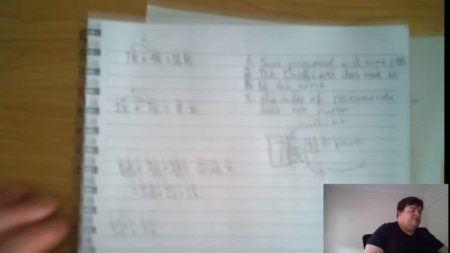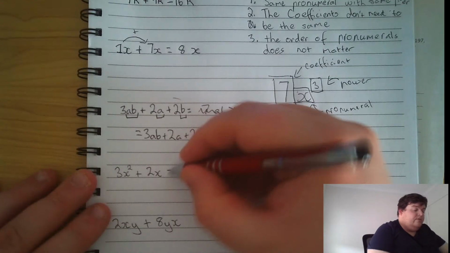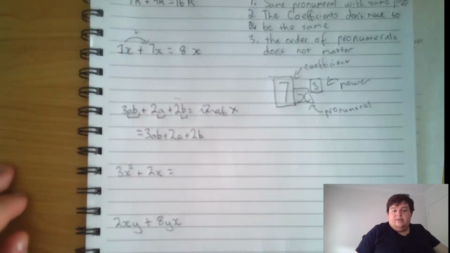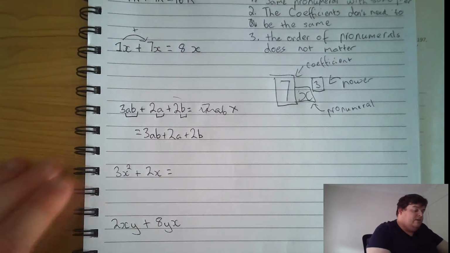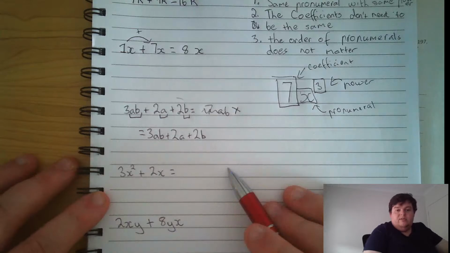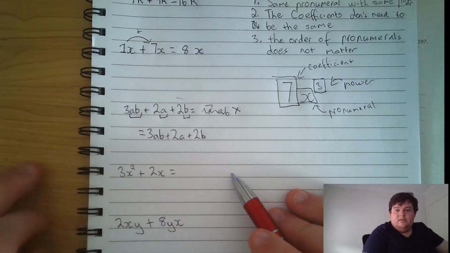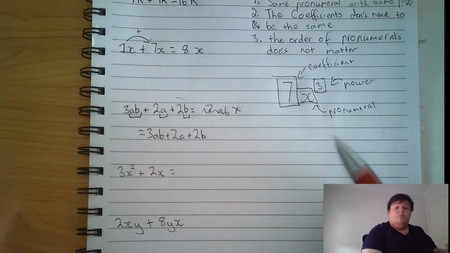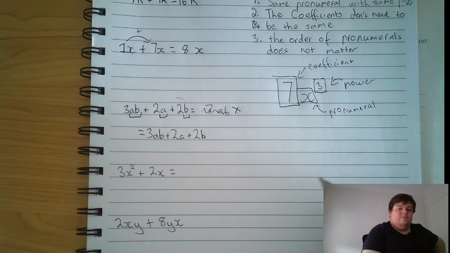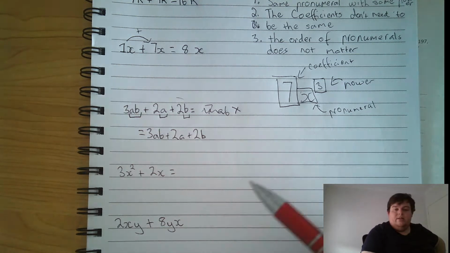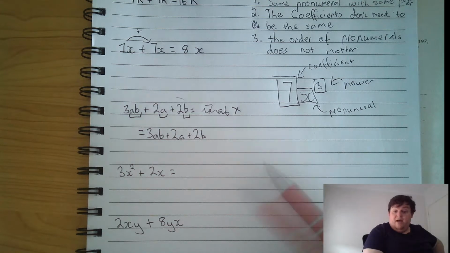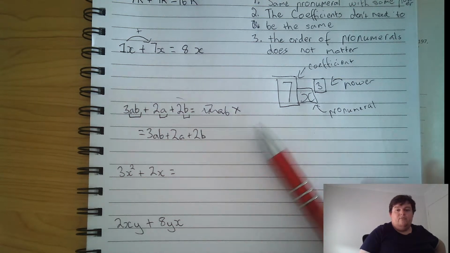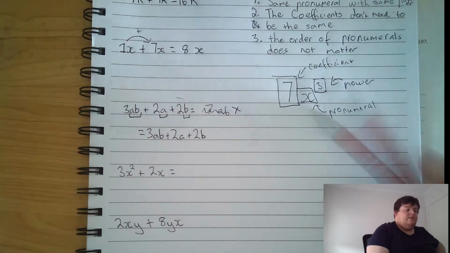Let's look at another example. Right? Here I've got 3x squared plus 2x. And the question being, if the pronumeral carries through, is my answer x or x squared? That's a good question. It doesn't work, right? You can't just pick one willy-nilly. It doesn't work that way. So what we do have is we have our rules at the top of the page here.